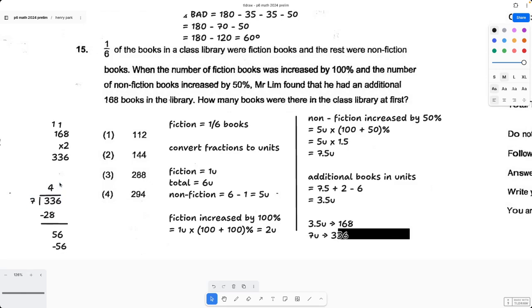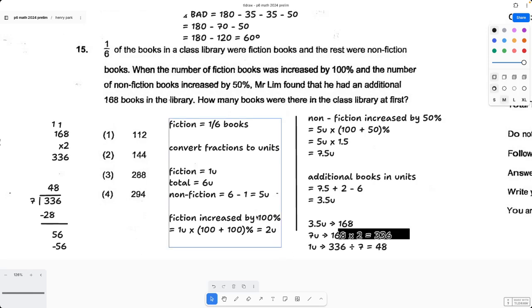So 56 is 8 times 7. So it will be 48. So 168 times 2 will be 336. So 1 unit is equal to 48. 336 divided by 7 equals 48.